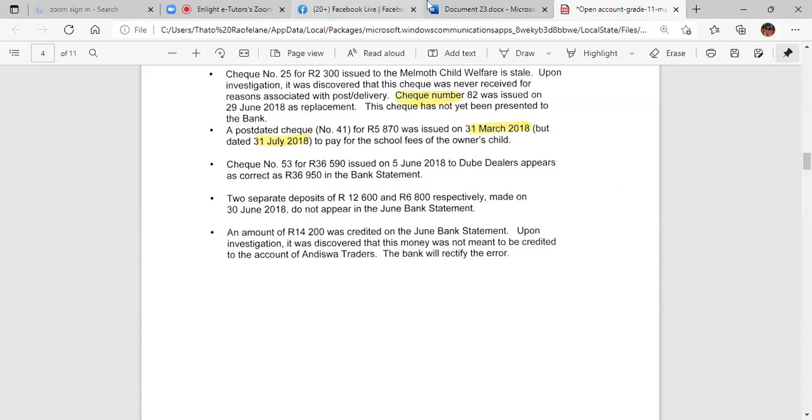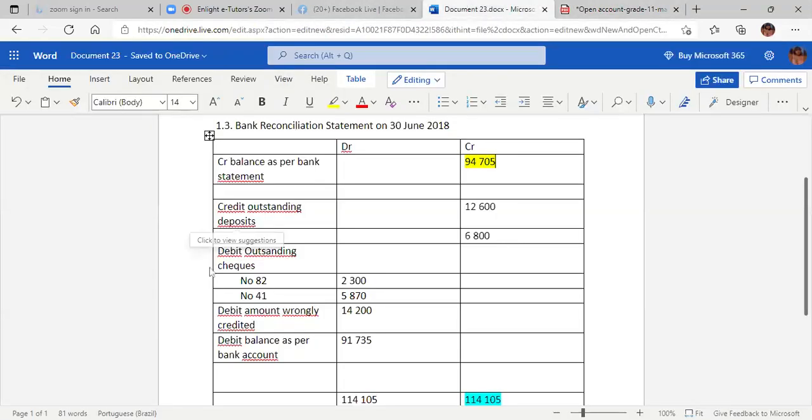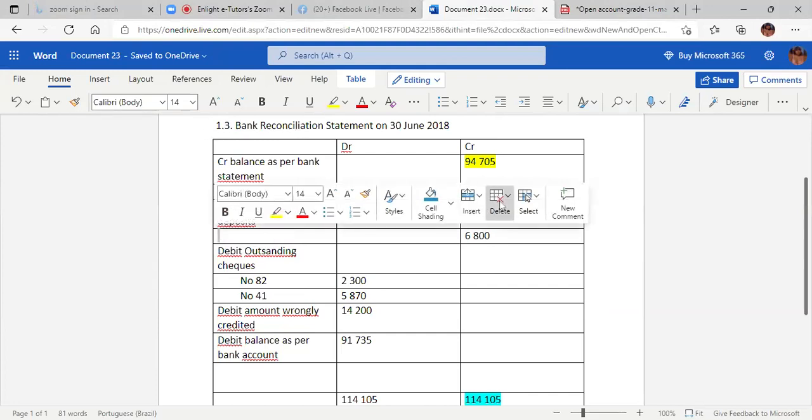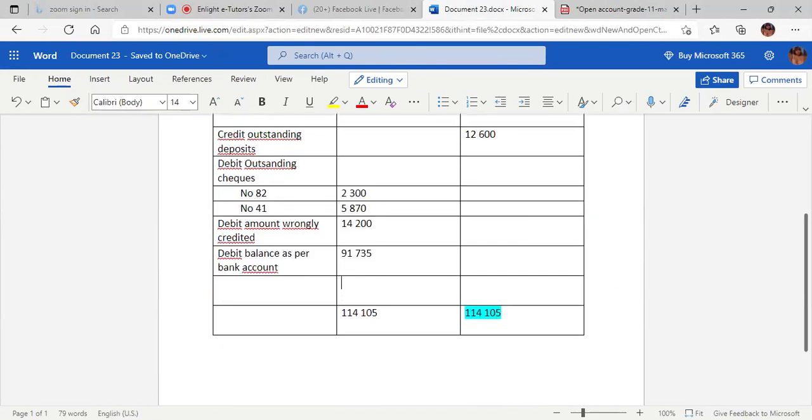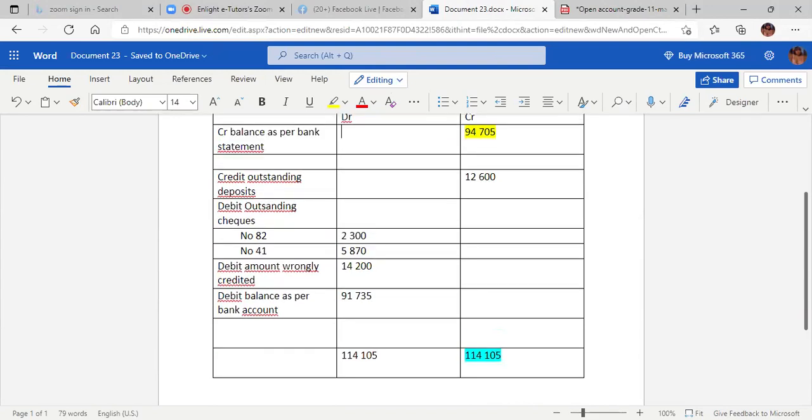It's all done. In the test, is the credit balance as per bank statement, credit outstanding deposits, going to be labelled already, or are we supposed to label it? Yeah, the credit balance as per bank statement, majority of the time, is the balancing figure.